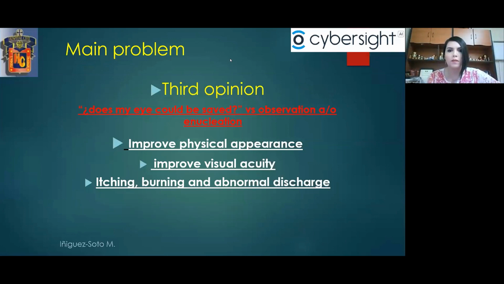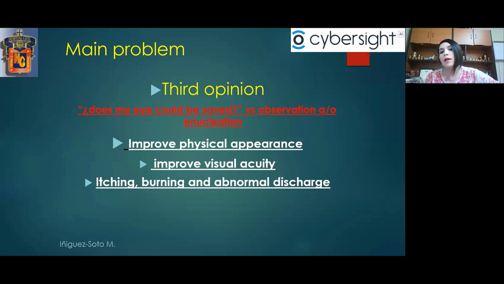Okay. Well, so this patient, the main problem is our third opinion, because he has been treated in Tamaulipas. It's another state here in Mexico at the north. Can my eye be saved, versus observation, versus enucleation?